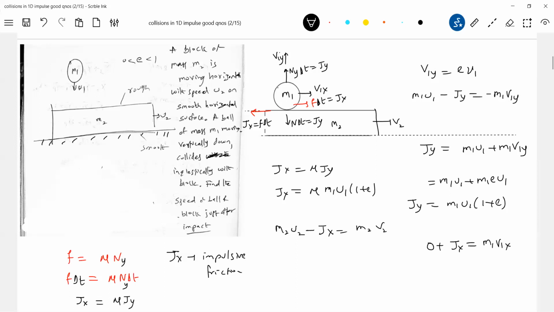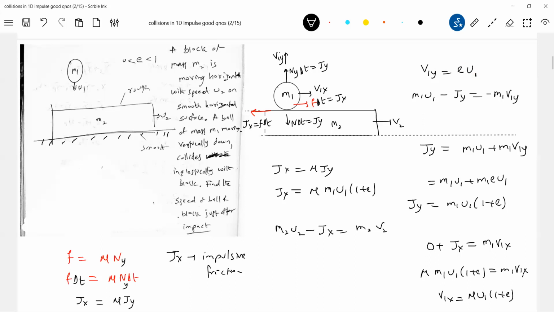So Jx is mu m1 u1 (1 plus e) equal to m1 v1x. What is v1x equal to? mu u1 (1 plus e). So now we know the y component of velocity and the x component, so the resultant speed we can find out.